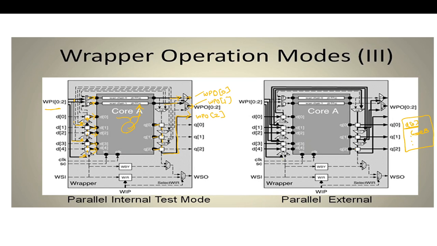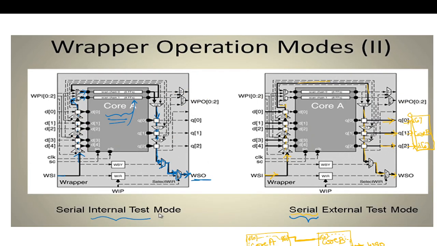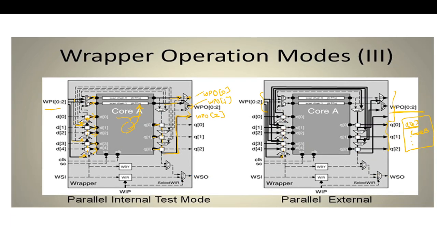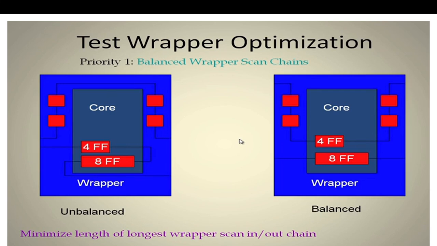So parallelly we have applied the patterns which is required by selecting this WPI pin, and this output are given to this WPI pin, as well as we have the Q pins. Before also we had Q and WSO. So here instead of WSO it is WPO. Okay, so this is the external testing mode. External is for testing the interconnect between the two cores.